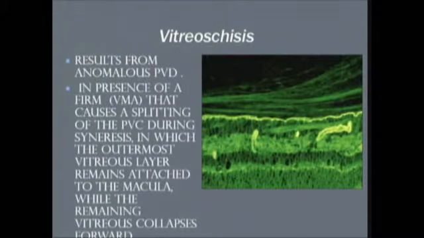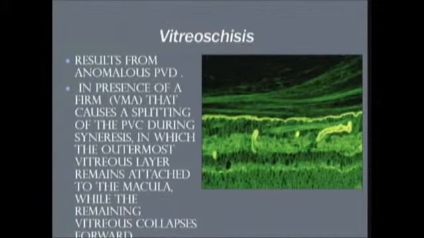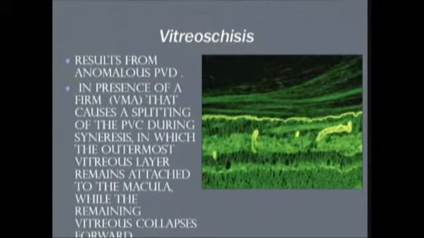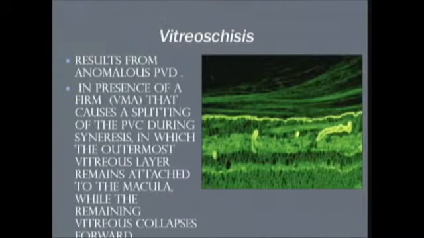So for example, if the splitting in this area is less than 50 microns, it means the hyalocytes are still there, so it will cause more proliferation and more traction. If the hyalocytes are detached with the vitreous, we will have less proliferation and contraction later.